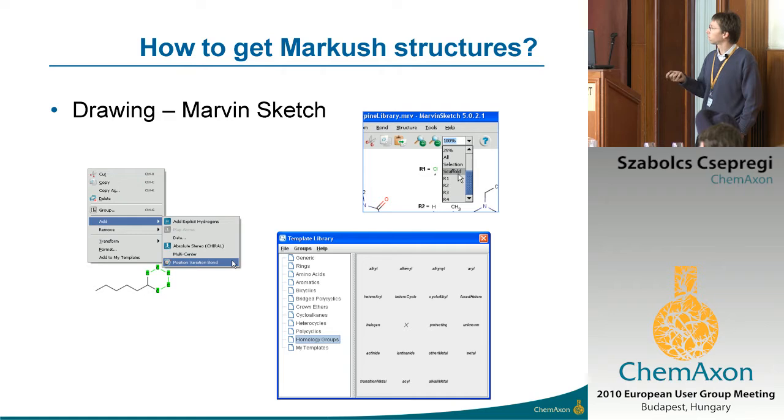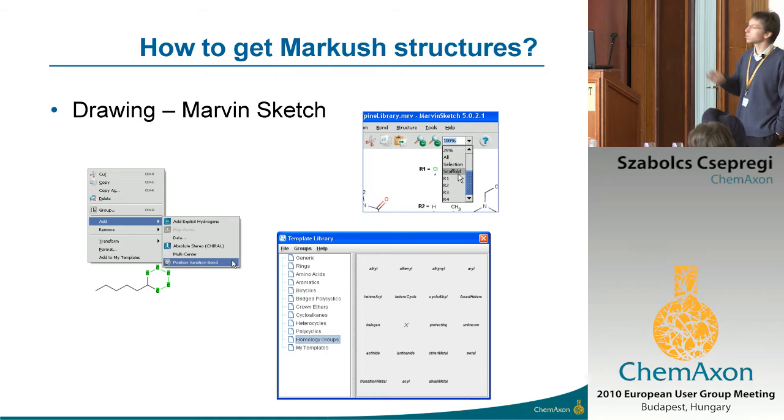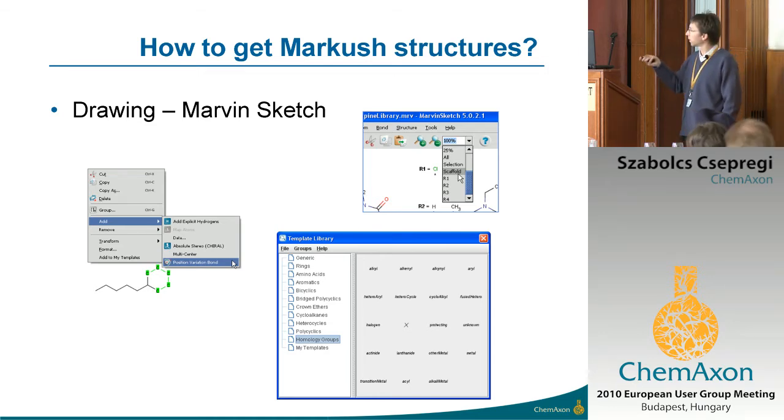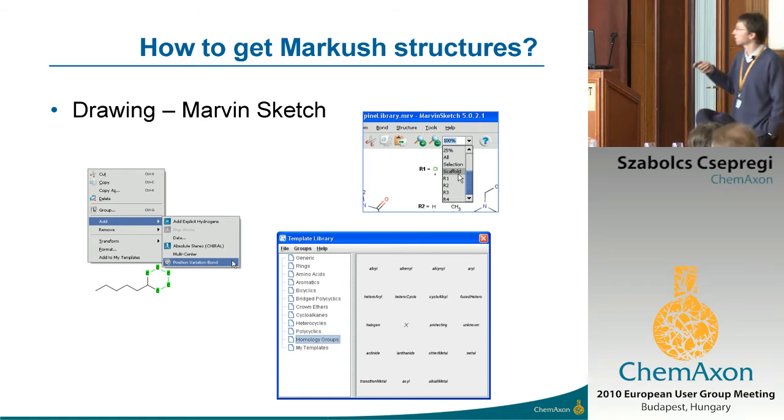For example, here is the menu item to draw a position variation bond. We have nice zooming controls to zoom to specific parts of Markush structures and so on. And this is the template group which contains our default homology groups.